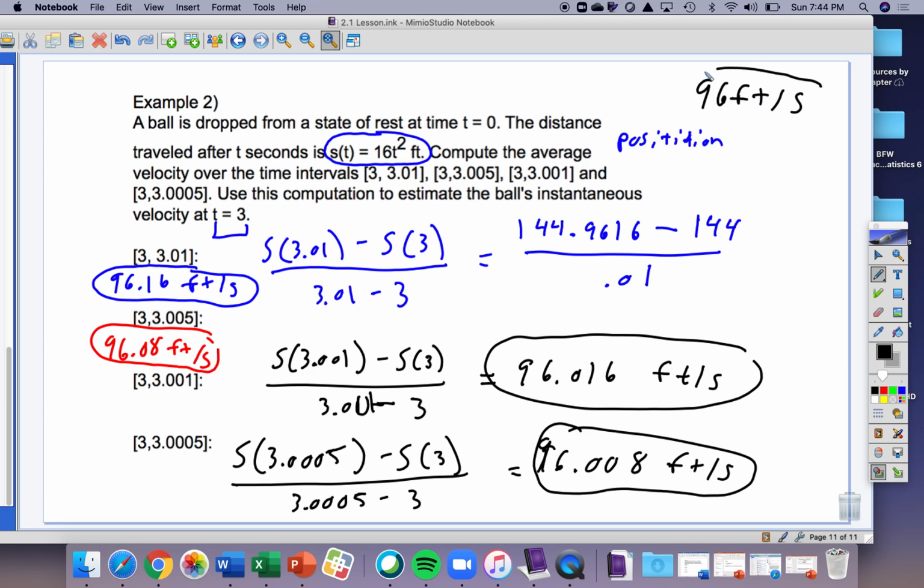I'm going to make the conclusion that this ball at 3 seconds is falling at 96 feet per second. And that is how we use the average velocity to estimate the instantaneous velocity of an object, whether it's a ball falling or a car moving. We're using average rate of change to estimate instantaneous rate of change.